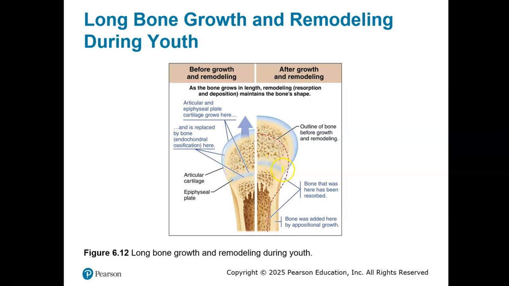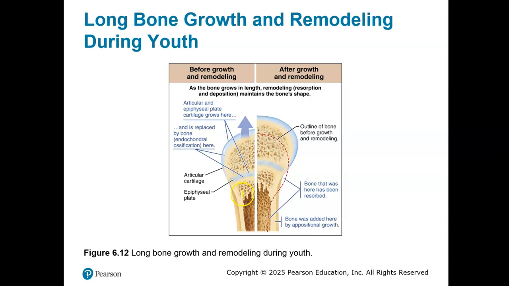So this cartilage tissue that you see in the picture on the right is actually new cartilage. The old cartilage has been replaced with spongy bone. Okay, so that is how bone grows in length. And also here, the cavity will get longer too.